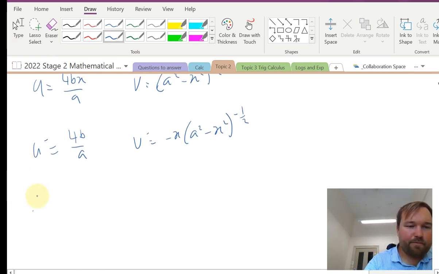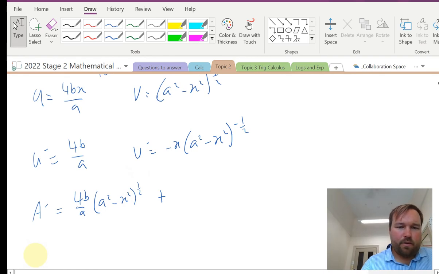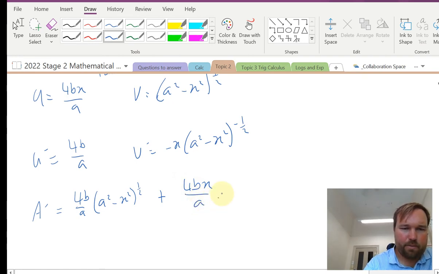Therefore, the derivative, A dash, is u dash v, 4b on a, bracket a squared take x squared to a half, plus 4bx on a multiplied by minus x bracket a squared take x squared to the minus a half.